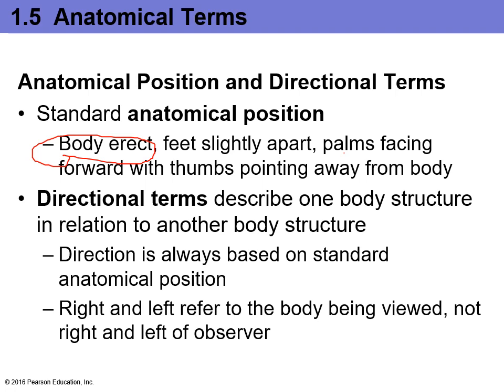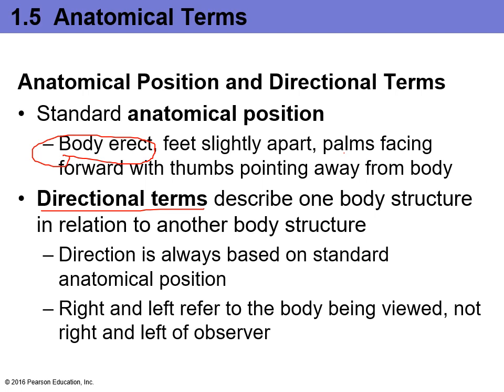And as your subject is standing there, we can then use certain directional terms to coordinate a particular location. Like, for instance, if you're trying to describe a location of a bone, a muscle, or an injury. And when you do that, you often will utilize the terminology of the left and the right.